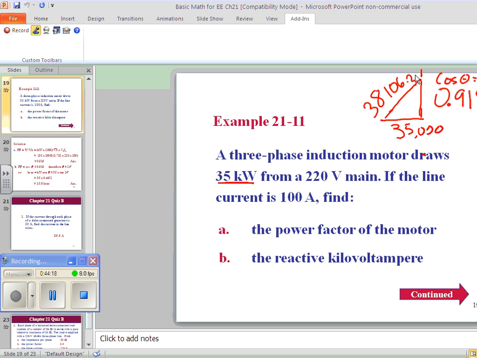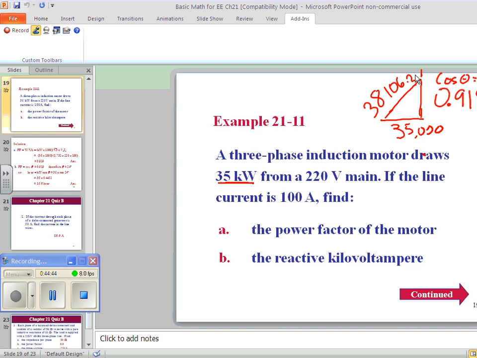Now, if we want to know the angle, and we might want to, we can say cosine second function answer, and it'll tell us that that's not right. Oh, second function cosine, 0.91848.